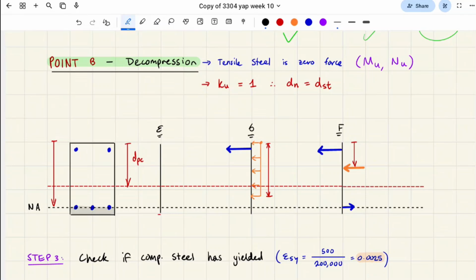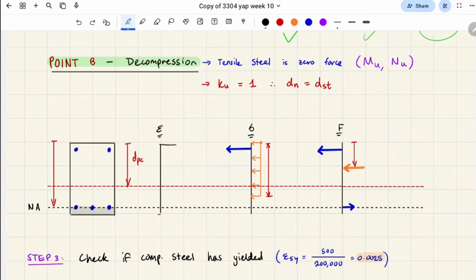At the DPC? So you reckon it looks like this? Kind of, but the DPC has nothing to do with the neutral axis. This is just a big guess, but actually never mind. No, what were you going to say? I think you were on the right track.